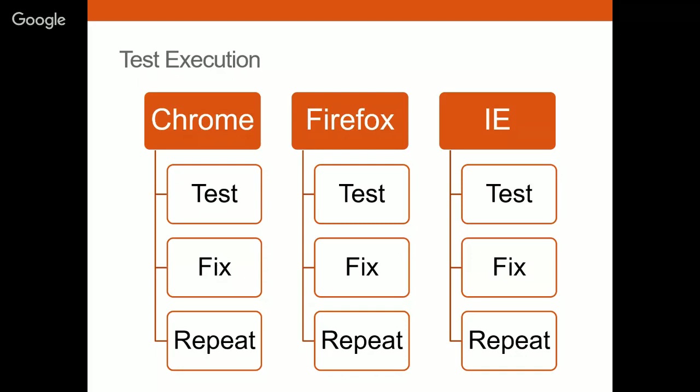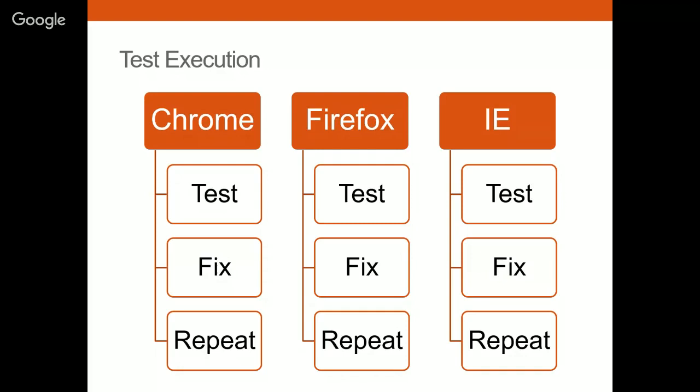So for example, in the example you can see now, you would test for Chrome and repeat this until you don't have any more problems. Then you would move over to Firefox, again test, fix, repeat, and so on.